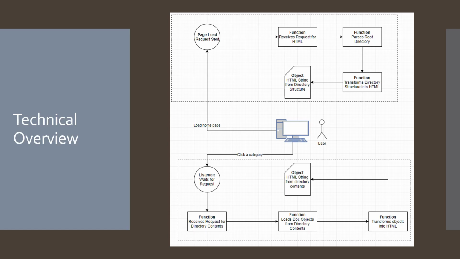The request for a specific directory's content goes to a function, that function loads the data that's inside that directory, and then again returns it as HTML. And there are two missing lines on this picture: both those object shapes should be going back to the computer.